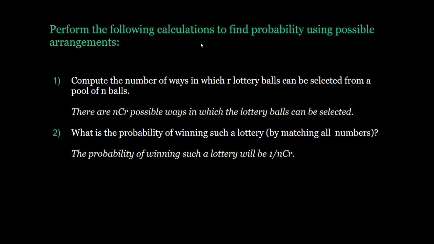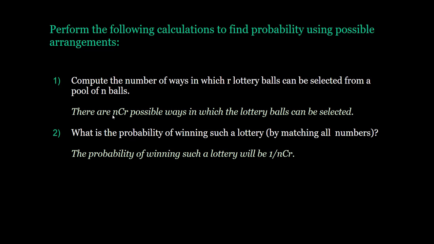You may see some problems about probability, which also use lottery balls. In the first part of the problem, it says something like compute the number of ways in which R lottery balls can be selected from a pool of N balls. I might have 52 that I choose from, and then I want to select 5 for my R. So N is your bigger number here, and R is the number you're selecting.